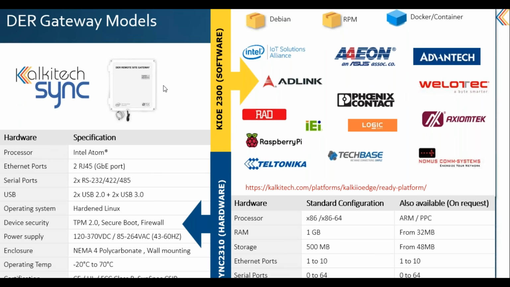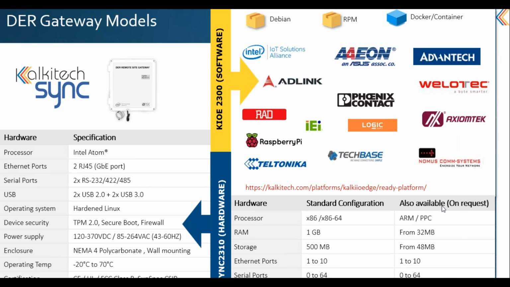On the software, the KIO 2300, which is primarily available as Debian or RPM or Docker packages, can be installed on standard hardware like x86 or x64 with 1 GB RAM and 500 MB storage. It's also available on specific platforms like ARM or PowerPC, starting from 32 MB RAM and 14 MB flash.